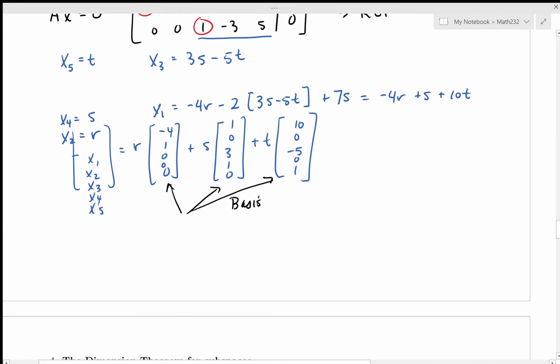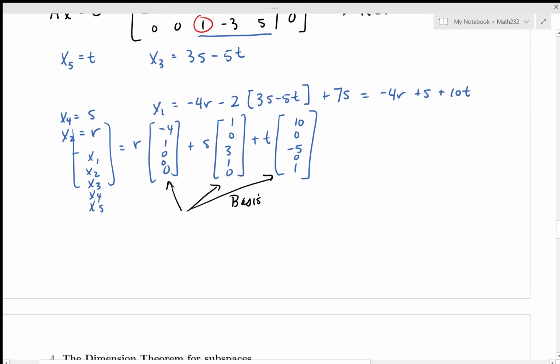Okay, so those vectors are orthogonal to v1 and v2. And so they are linearly independent of v1 and v2. So let me just write that down. It's an important point.